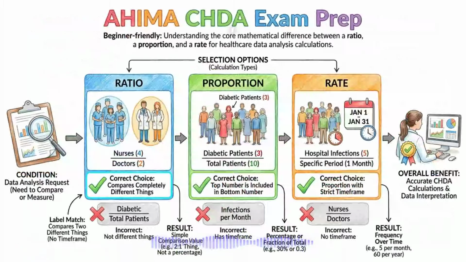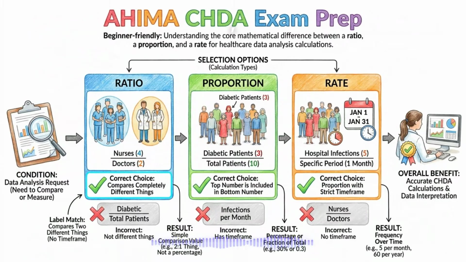To perform these calculations, you must understand the mathematical difference between a ratio, a proportion, and a rate. A ratio simply compares two completely different things, like the number of nurses compared to the number of doctors on a specific shift.